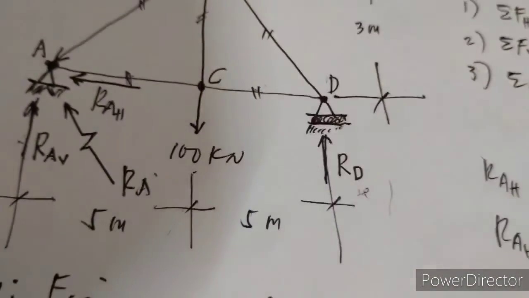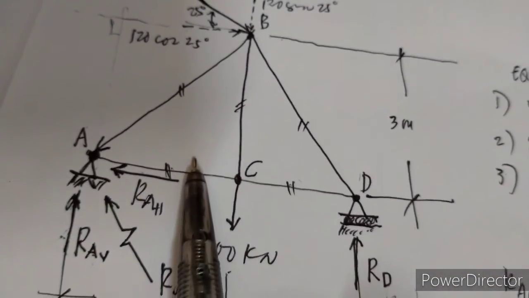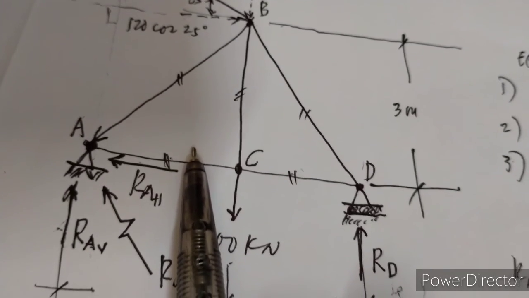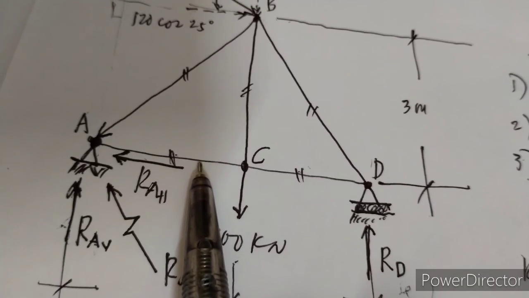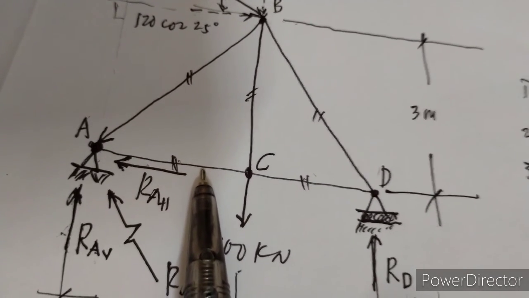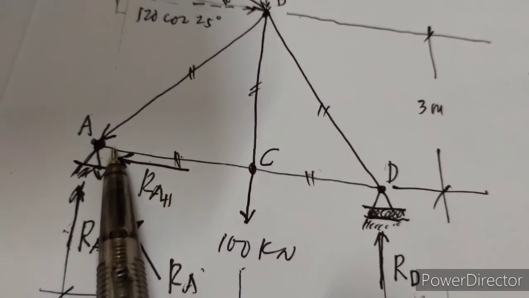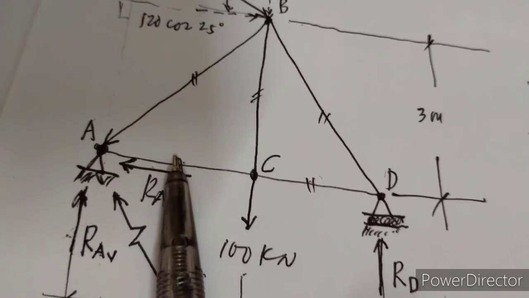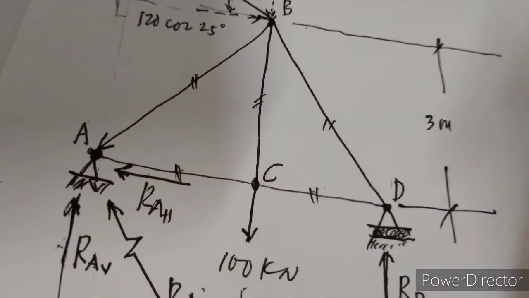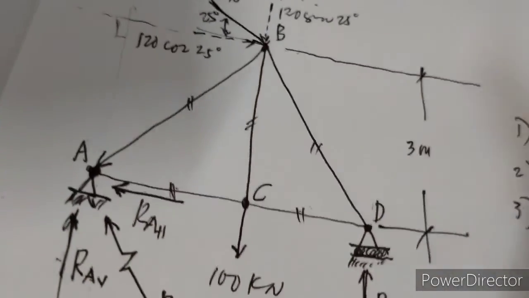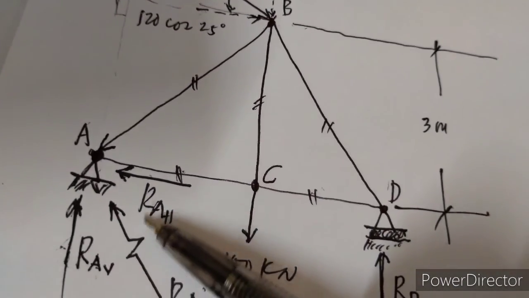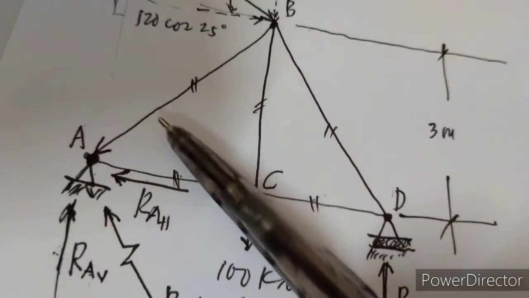And for member AC, what do you think is the effect on the joint? Is it compression or tension? That's the only two things that you need to consider if you're going to analyze members. Are they in compression or are they in tension?